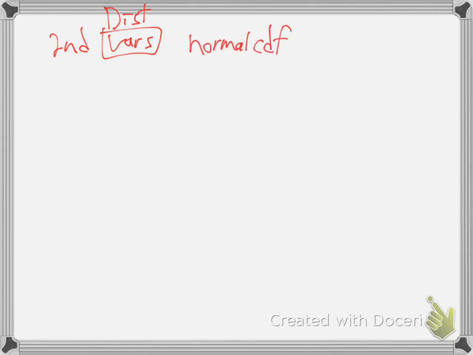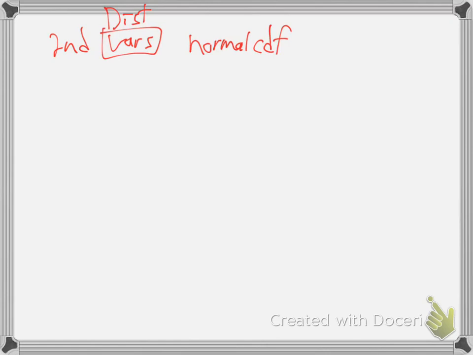So go to your calculator, and it's the same menu we used last time. Second, the VARS button, which really gets you the distributions. So we're going to go to that same menu where we got the binomial distribution, except this time we're going to take the second one in the list. NormalCDF. No big surprise. Normally distributed, NormalCDF. We're not going to use that top one, NormalPDF, ever.